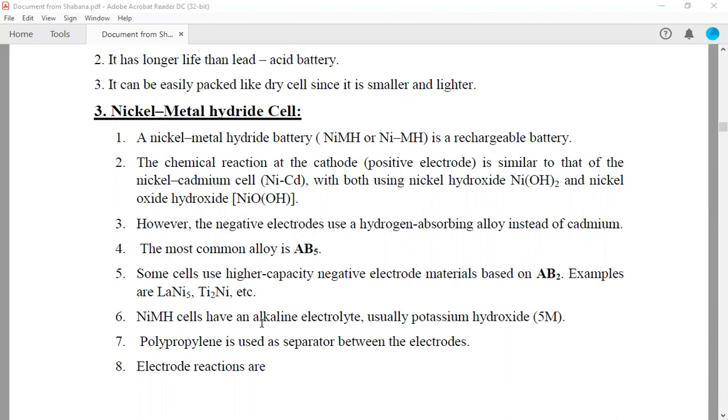And a higher capacity negative electrode material based on AB2 can also be used, for example lanthanum pentanickel and Pi2Ni. Nickel metal hydride cells have an alkaline electrolyte using potassium hydroxide with a 5 molar concentration. Polypropylene is used as a separator between the electrodes.